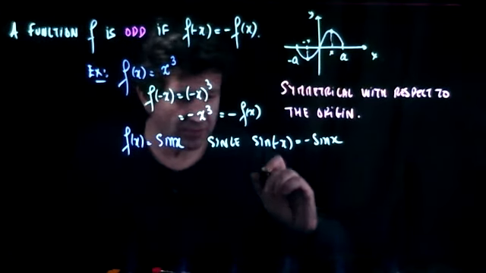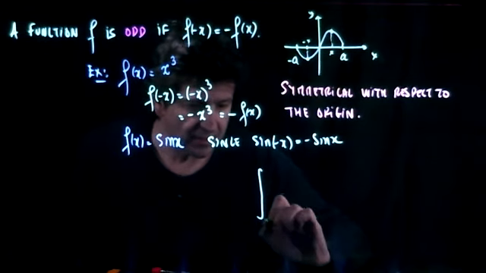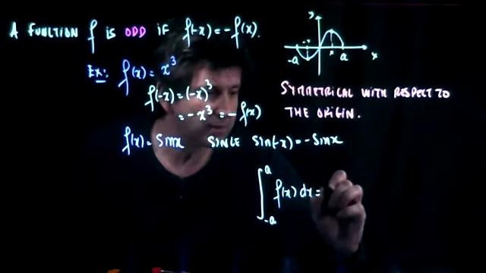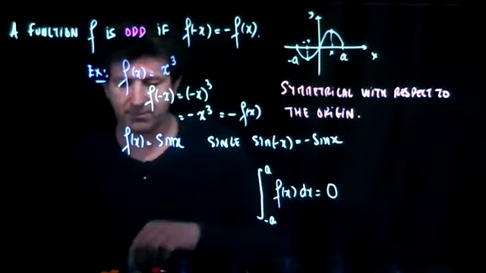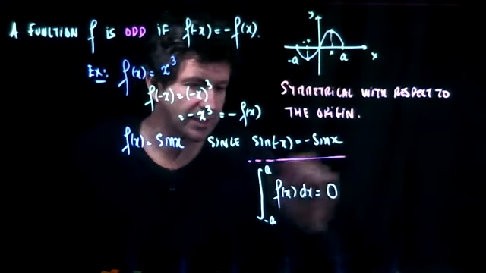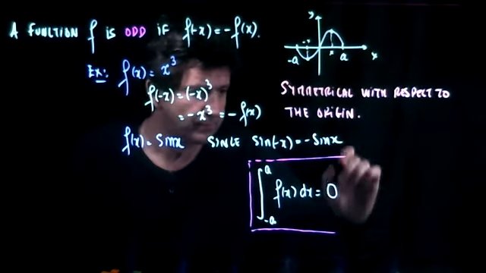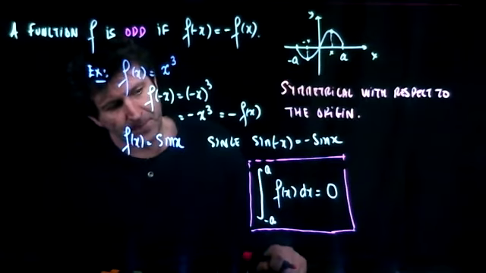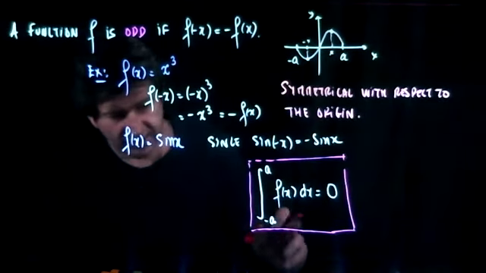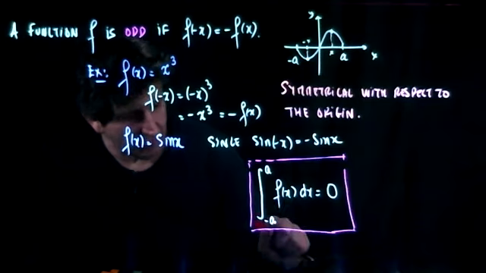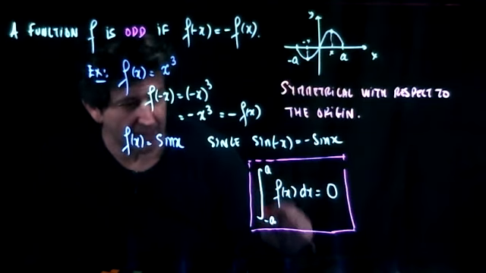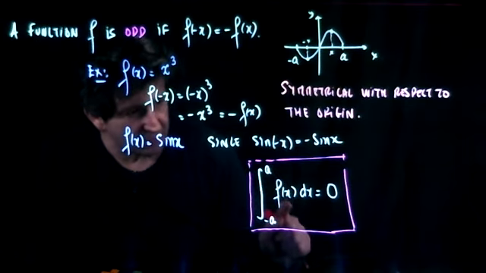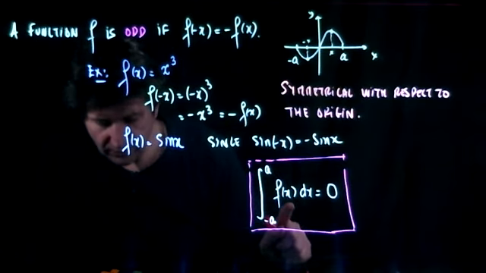Okay, and the big advantage of this is that the integral from negative a to a of f of x dx will be 0. That is very good for us. So on the test or on the exam, if you see a definite integral that goes from negative 5 to 5, negative 10 to 10, negative pi to pi, if you have the same negative a to a, ask yourself, are you dealing with an odd function here?